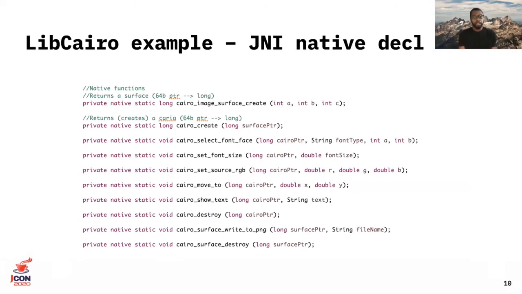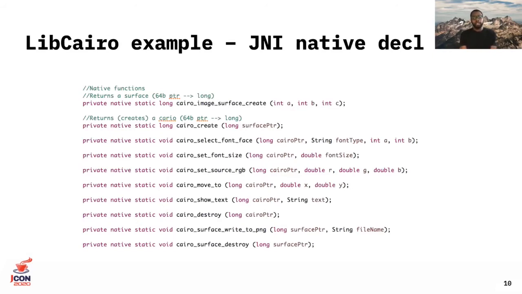As previously mentioned, the first step is to write the native function declarations. For every native function that you want to call, you have to provide a declaration, as you see here. These are all the native functions that were used in the example.